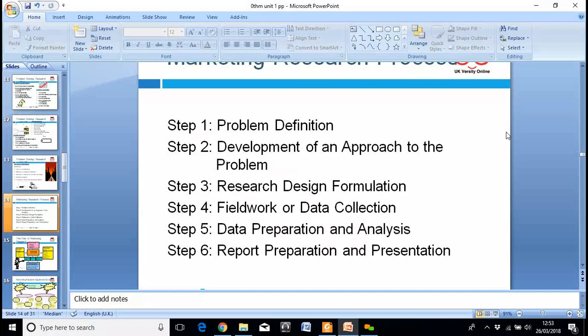The collection of the data and the actual production of it will be part of your answer. So you then prepare the data and analyse it, and then report and present it to whoever you need to present it to. If you are doing a research project yourself, then obviously you would have to present that to your tutor.